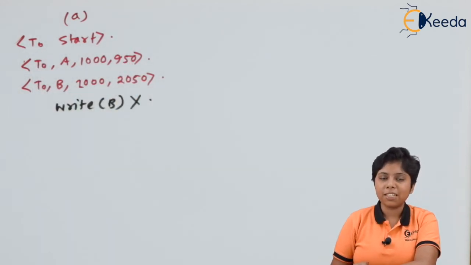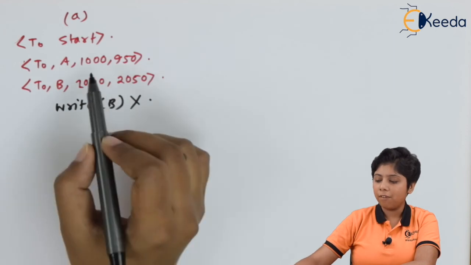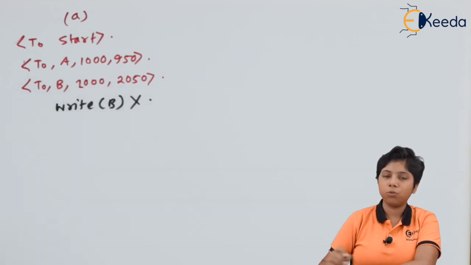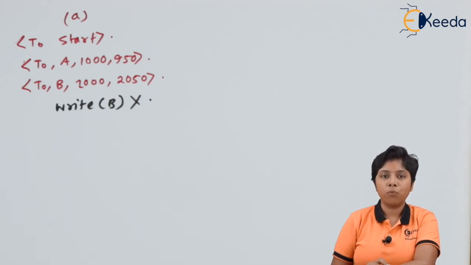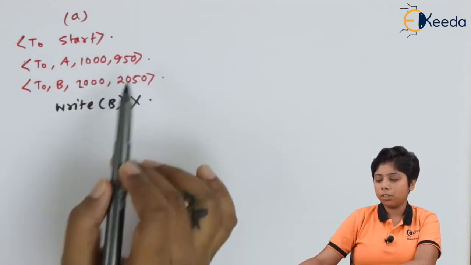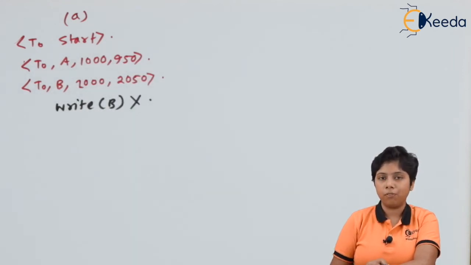So what happens and how can it be recovered? We can perform the undo operation because we cannot have the 1000 to 950 update in the database while the 2000 to 2050 is not present, because it will leave 950 and 2000 as our database as a result of this log: T0 start, A 950, and B 2050.